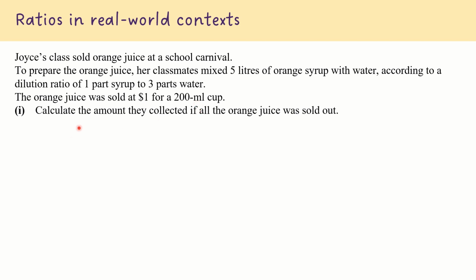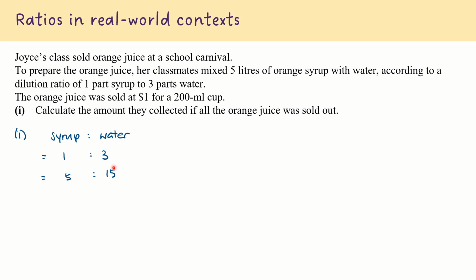In part 1, we want to calculate the amount of money that they collected if all the orange juice was sold out. So we know from the question that the syrup to water ratio is 1:3, because 1 part syrup to 3 parts water. Since we have 5 liters of orange syrup, that means that if I have 5 liters of syrup, I will require 15 liters of water.